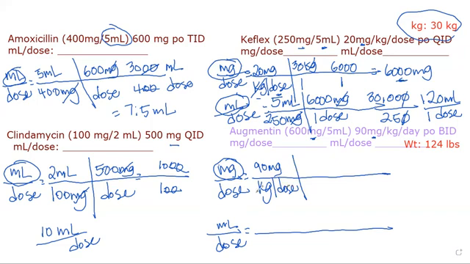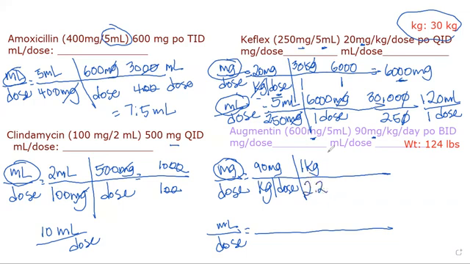And we need to get rid of our kilograms. So we have to look for kilograms, but we have pounds instead. So what we can do is convert this pounds into kilograms. So we know that 1 kilogram is 2.2 pounds.